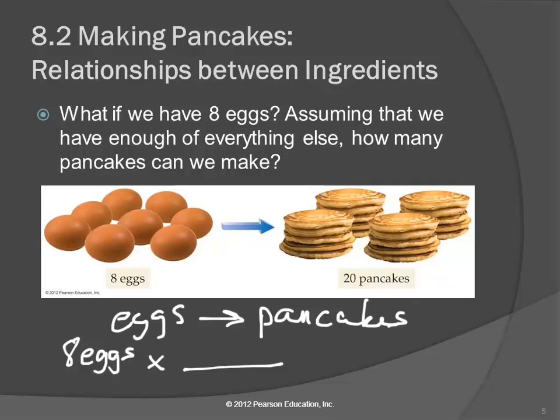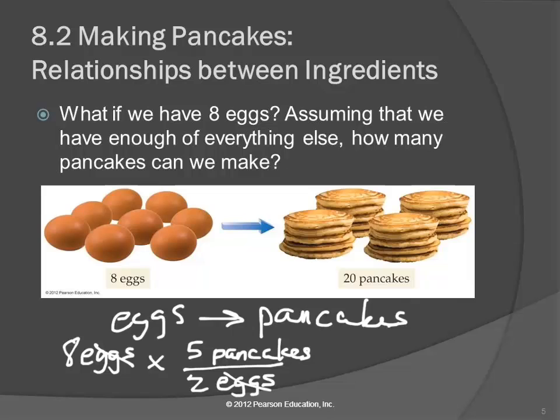8 eggs. We said we got 5 pancakes for every 2 eggs. I'm going to put those in there so that the units cancel out. That's dimensional analysis. Looking at the units to decide, do I multiply or do I divide? You put things in so that the units cancel out, and then you put the numbers in.